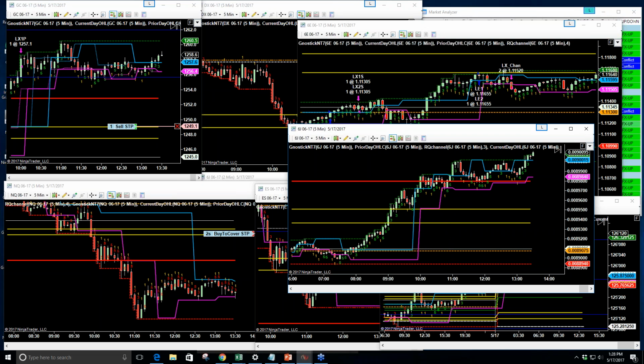There. So here's your lazy river. And it's keeping you in the trend. And pretty soon it'll start moving up like this until prices break. Then it'll get you out.